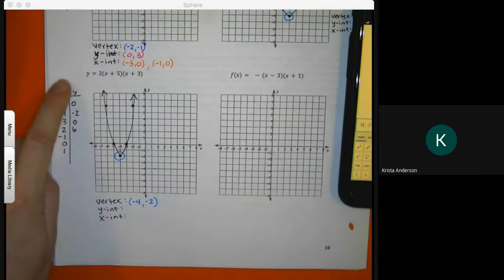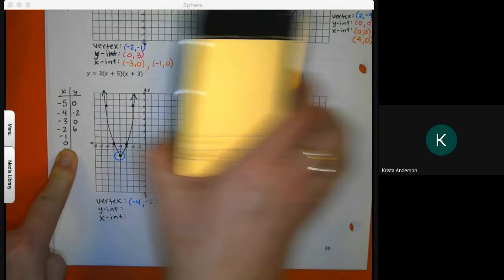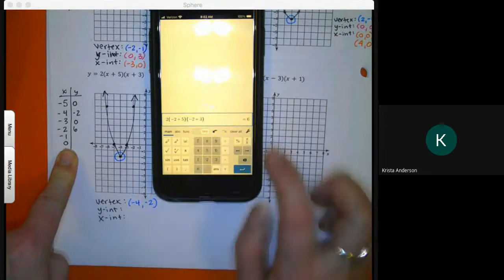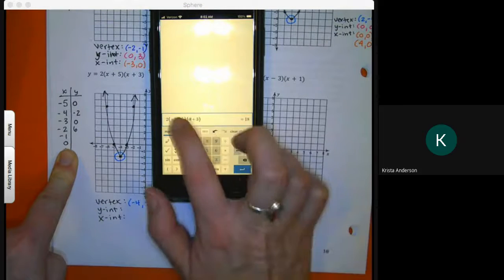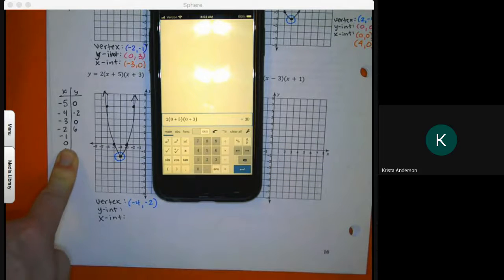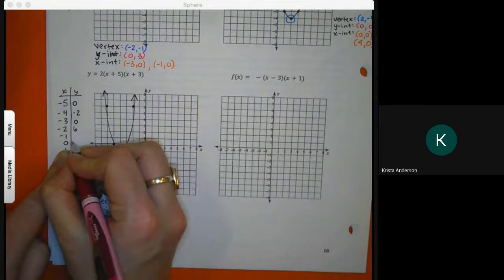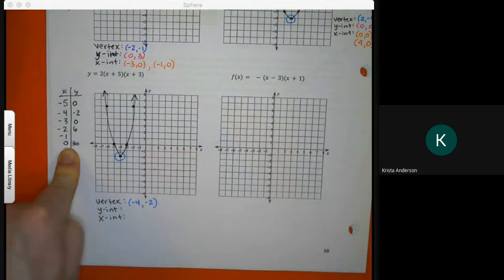Can I find it in my table? Yeah. All I need to do is plug a 0 in and see where 0 is at. 0 is at 30 when I plug it in.